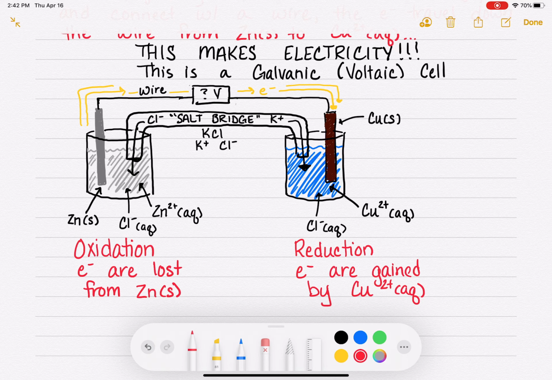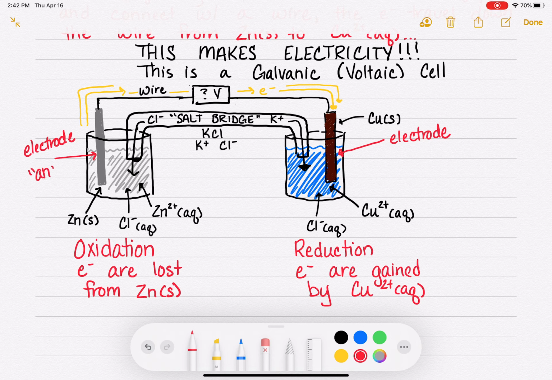These strips of metal that we're using inside this galvanic cell are called electrodes. So both of them are electrodes. And the electrode where oxidation is occurring is called the anode.